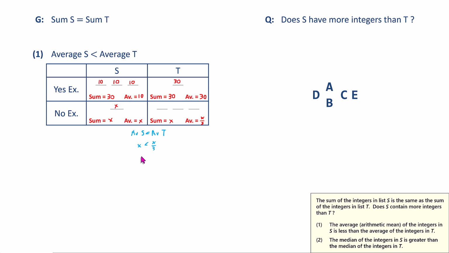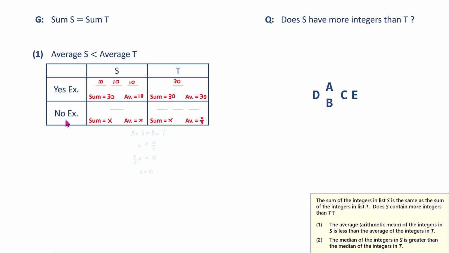The only way this is going to work is if X is a negative number, and you can see this algebraically if we subtract X over 3 from both sides. The left side becomes 2/3 of X, and the right side is just 0. And this last line, of course, implies that X is less than 0. So we can choose X to be any number as long as it's less than 0.